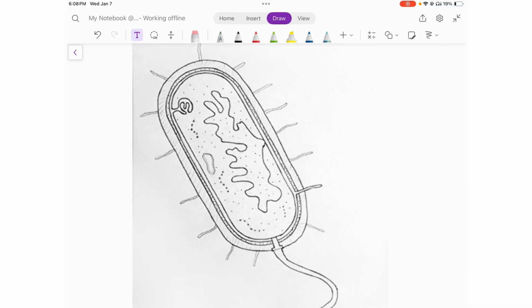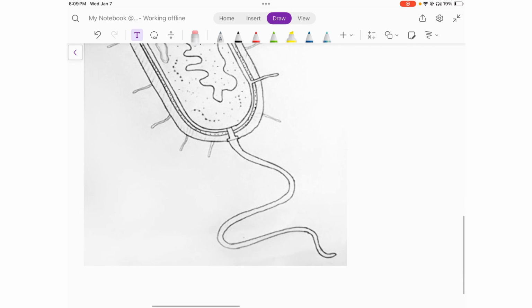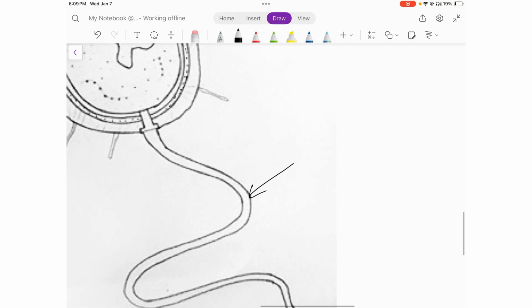We do see some structures that we haven't seen in the animal cell, such as this tail-like structure known as the flagellum. The flagellum is a whip-like structure which allows the locomotion or the movement of a cell.